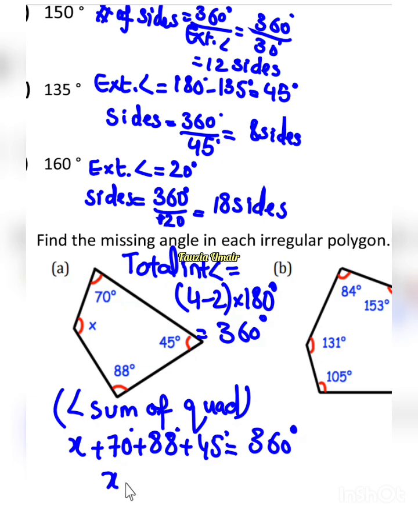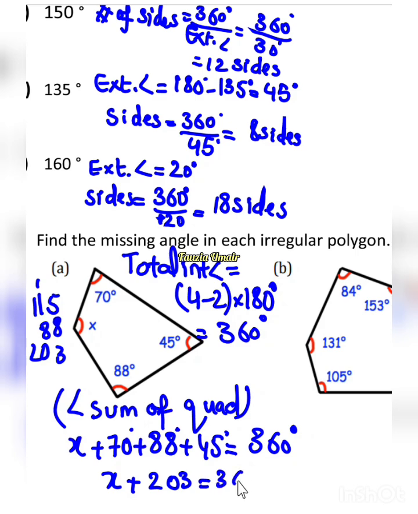So now I will add all these angles. 70 plus 45 is 115. 115 and 88 would be 203. So 203 plus x is equal to 360 degrees. So x would be 360 minus 203, so it would be 157.